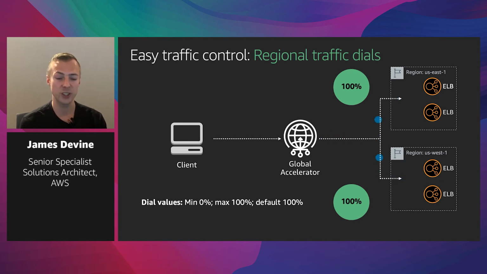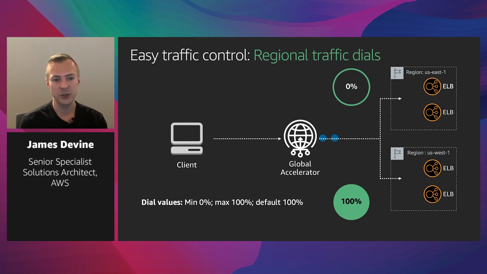We also have failover for a region though. Even though we have this 100% rule, if there's no healthy targets within US East 1, then we can have all of that traffic go to US West 1 and we don't experience an outage, which is actually pretty powerful to have that global scale load balancing and failover.